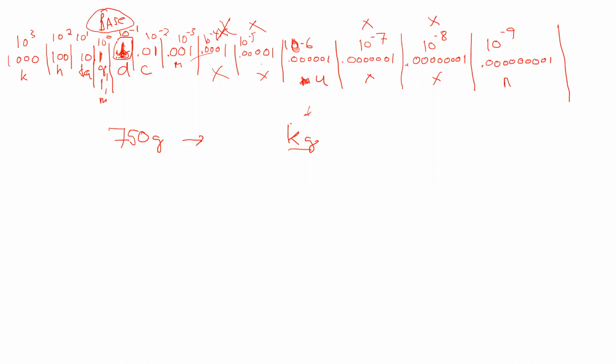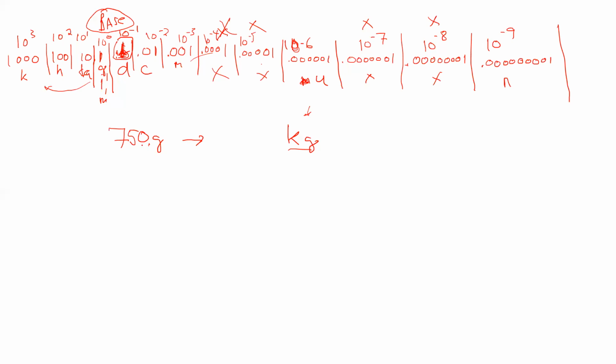It's going to have a decimal point in front of it. So where's the decimal point here for 750 grams? It's here. Now we're going from grams to kilograms this way, from a smaller unit to a larger, so we move it to the left.